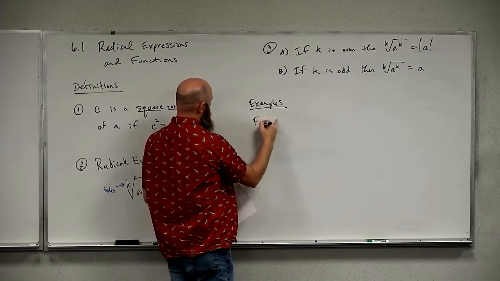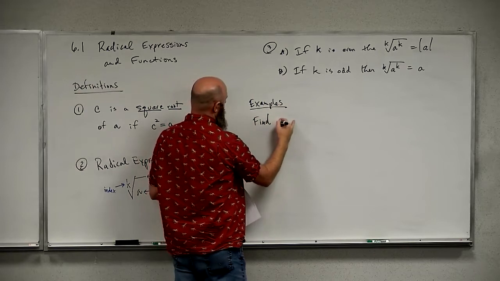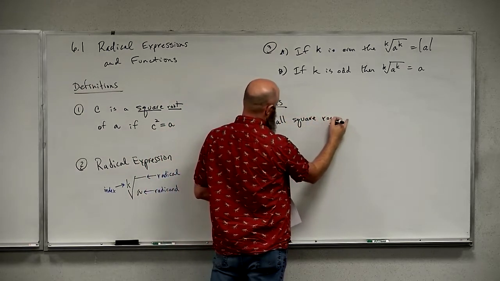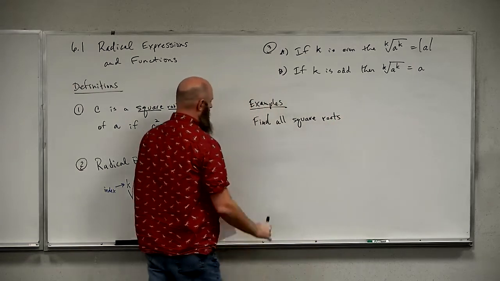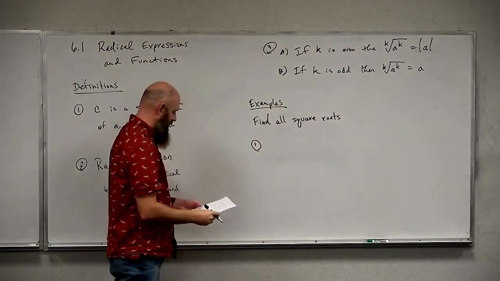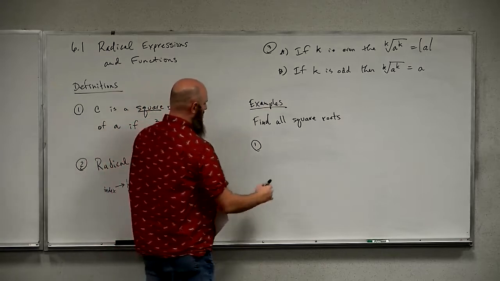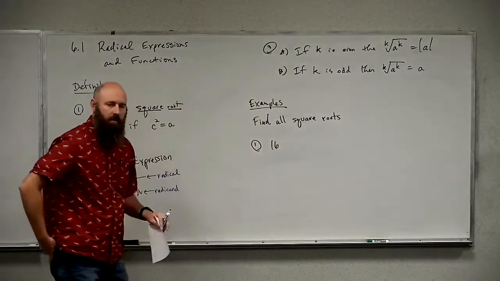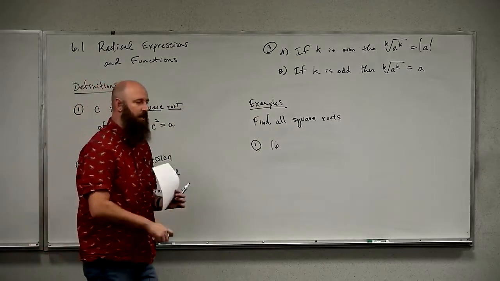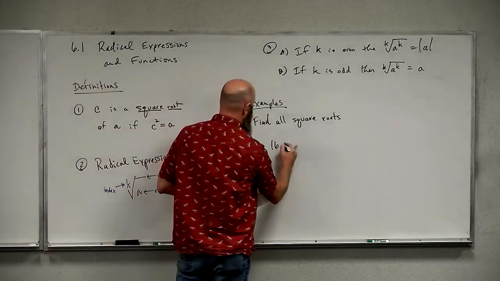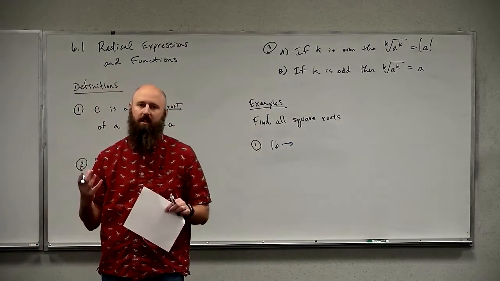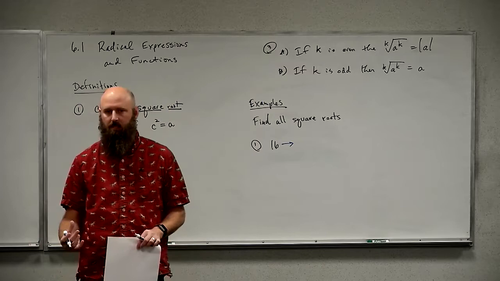The first one is find all square roots. Okay, so number one, 16. So when we think about square roots, usually we use that square root symbol here. We're not going to do that. What multiplies by itself to give me 16?